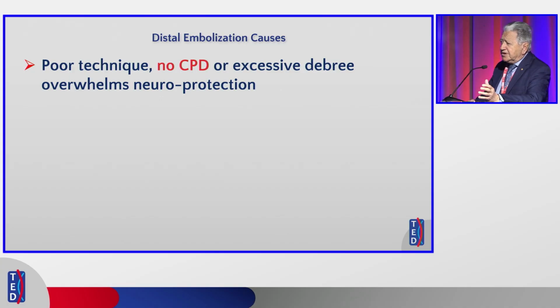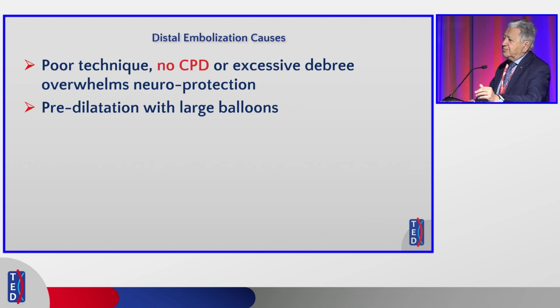Now, the reason for embolization was exactly what we caused in this particular patient. It's not necessarily poor technique, but being desperate to do something you were not supposed to do, or not using a cerebral protection device, or having very excessive debris that overwhelms the current generation neuroprotection devices.